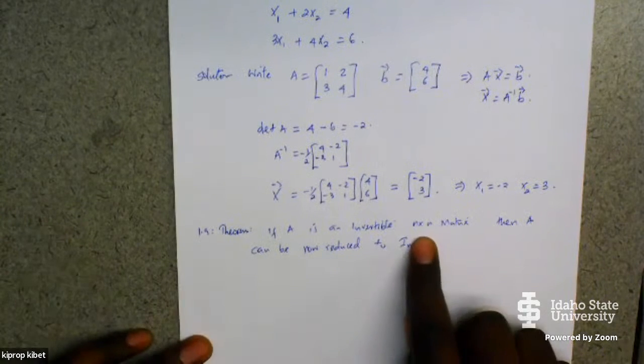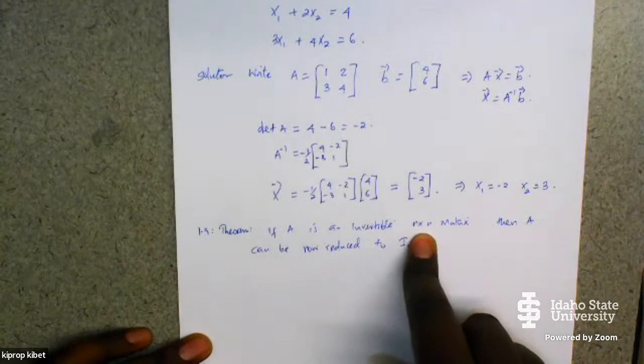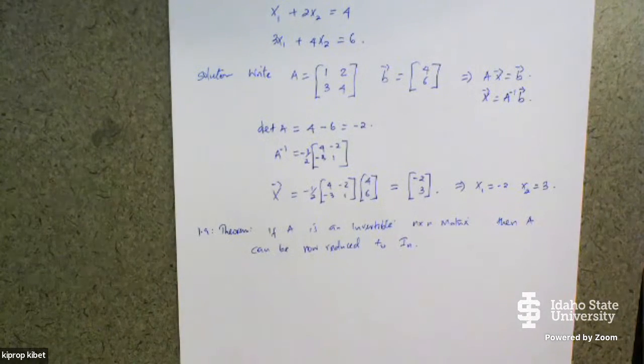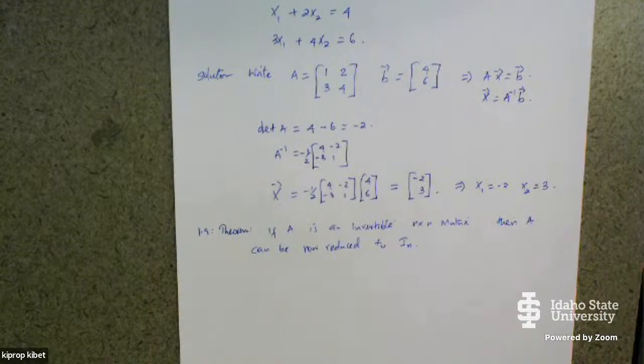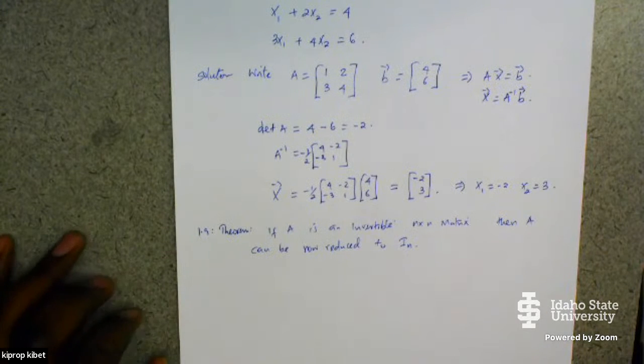As long as it's a square matrix. If it is not a square matrix, of course, you will not get an identity matrix because there would be a row or column with a free variable. Okay, any question up to that?